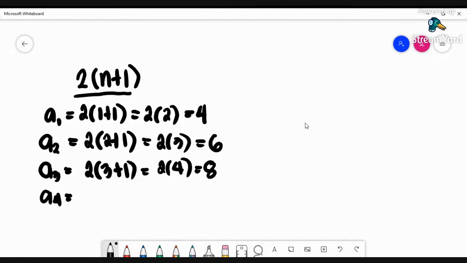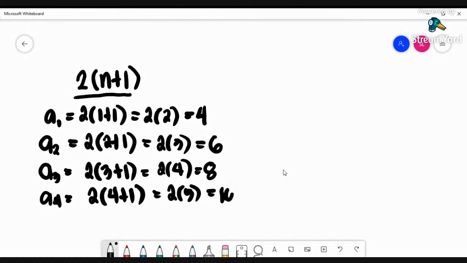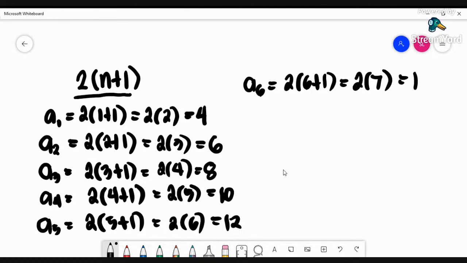For a sub 4, that is 2 times 4 plus 1, so that is 2 times 5, which is equal to 10. Next is a sub 5, which is 2 times 5 plus 1, which is 2 times 6. That is equal to 12. And for the last one, a sub 6 equals 2 times 6 plus 1 equals 2 times 7, which is 14.